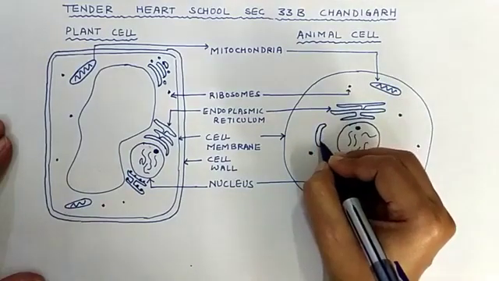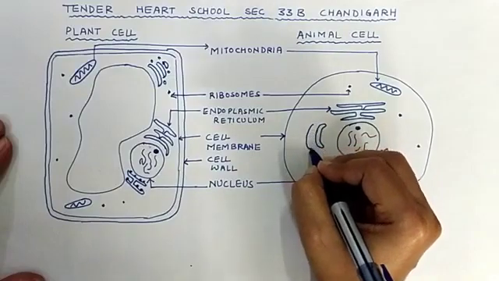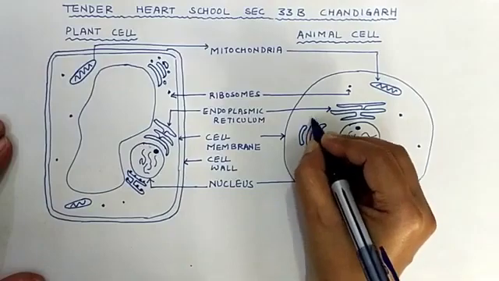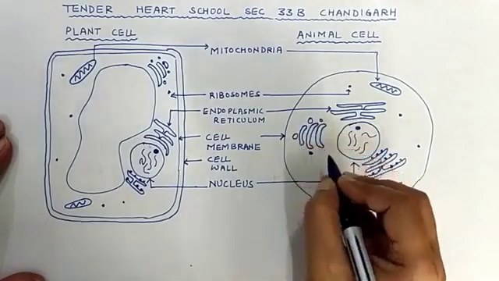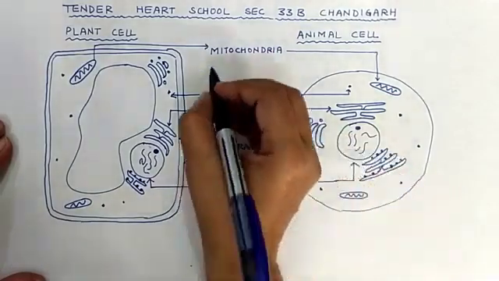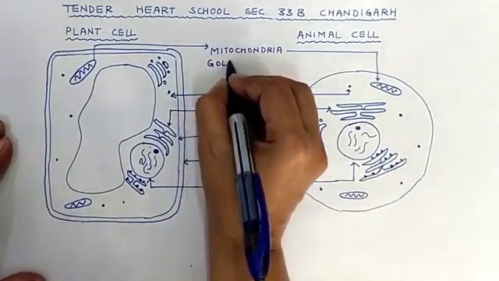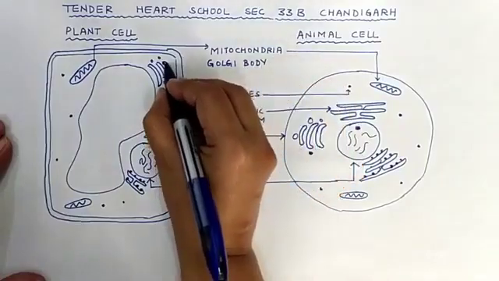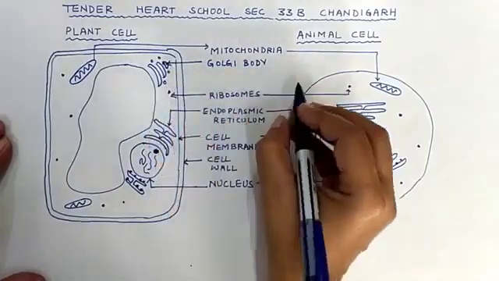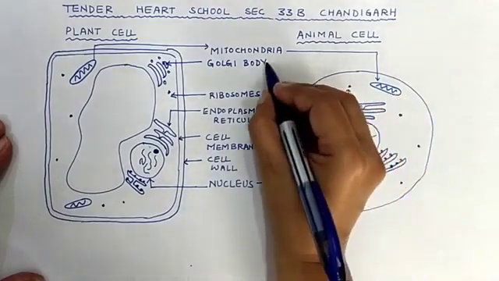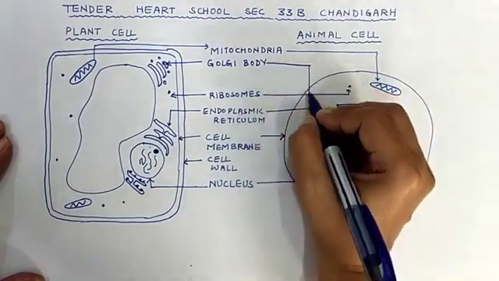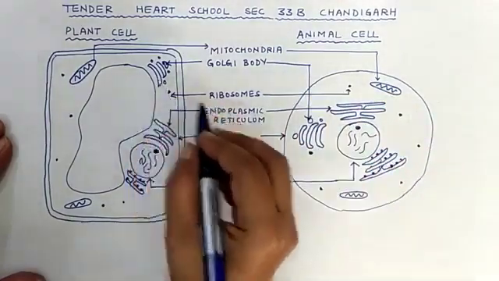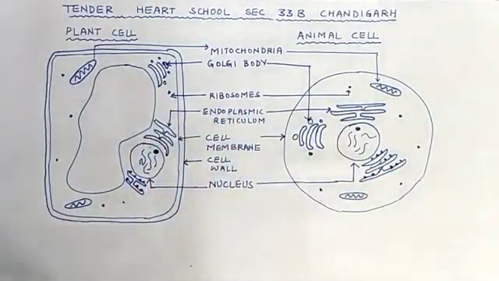The Golgi body, a membrane bound organelle, in which synthesis of enzymes, hormones, other secretions of the cell takes place. So this is Golgi body, right? In the animal cell it is a Golgi body. In the plant cell otherwise it is called the dictyosome, right? So this is our Golgi body.